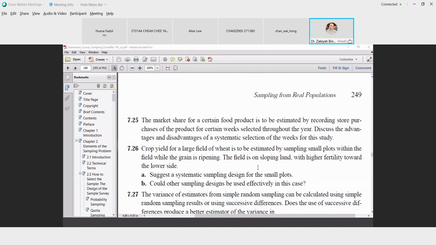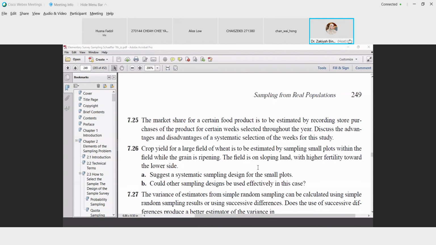Right? So, back to this question, the advantages and disadvantages here. Systematic sampling might be poor if somehow when you select based on the K, the K falls on all peak season, peak weeks, or if the K falls on the valley, the dip in the sales.